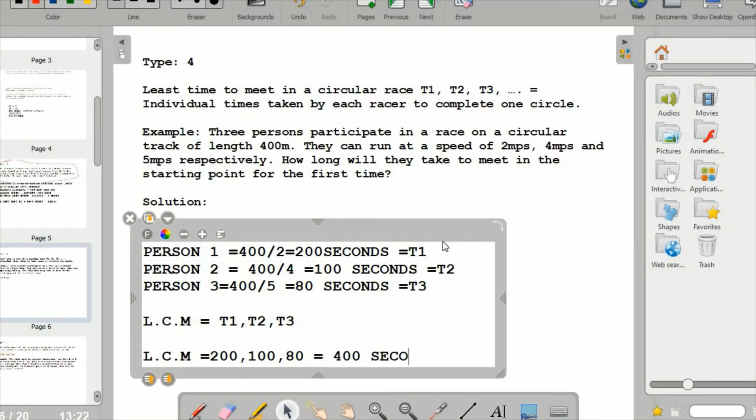So it takes 400 seconds to reach their starting point. So this is our answer.